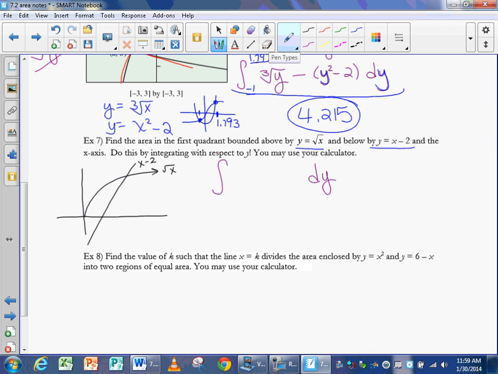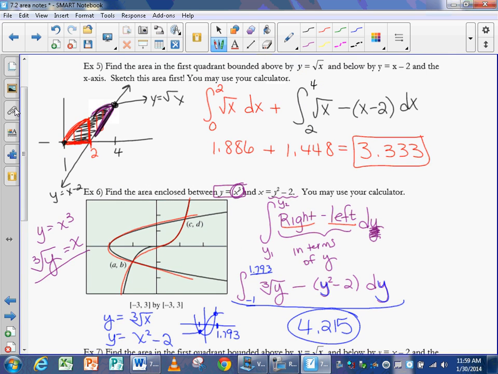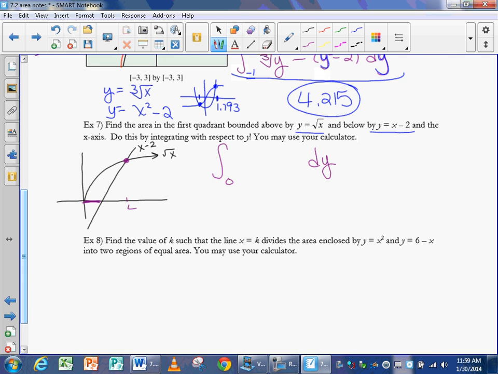So then I need to figure out where these cross in terms of y. Well, that bottom is y equals 0. And on top, we said before that they intersected, I believe, at, let's make sure, x equals 4. So if x equals 4, the square root of 4 is 2.